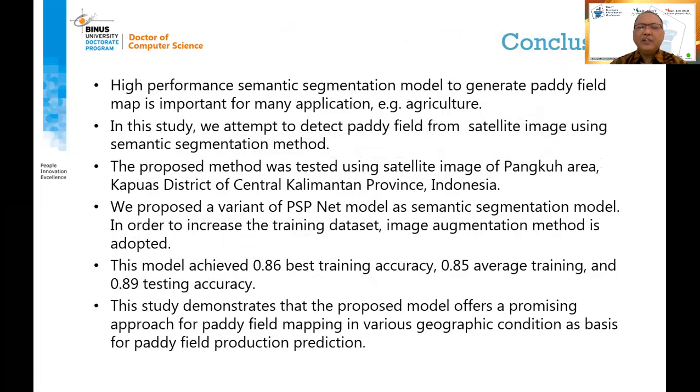And in this study, we explored a variant of PSPNet, a semantic segmentation model that achieved 0.86 best training accuracy, 0.85 average training accuracy, and 0.89 testing accuracy, which demonstrates that PSPNet is feasible to be used as semantic segmentation for other multi-class pixel classification from satellite images.